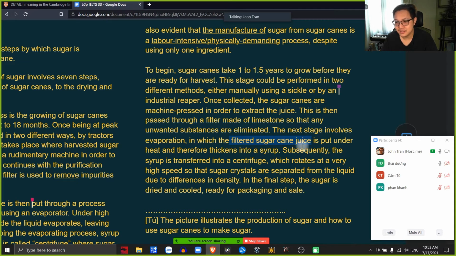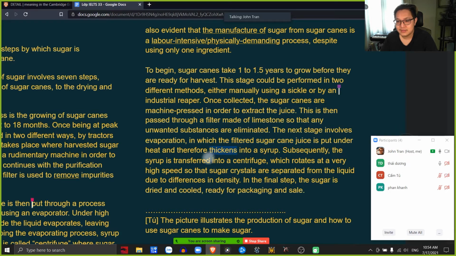In which the filter sugarcane juice, trong cái quá trình evaporation thì trong đó cái nước ép của mía đường mà đã được lọc này nó được đưa vào cái nhiệt độ cao và vì thế nó đặc lại thành một cái siro, and therefore thickens.